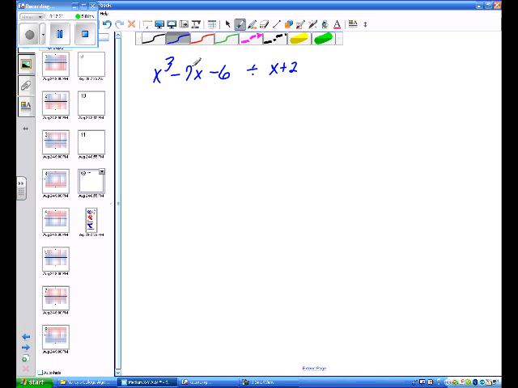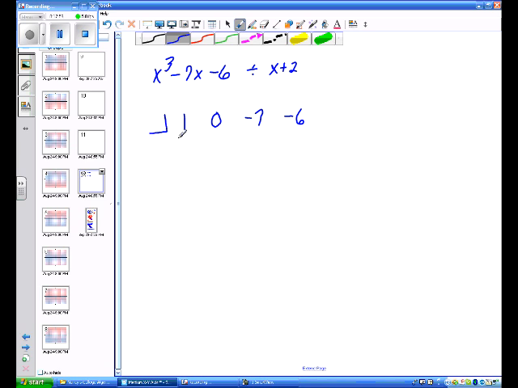Just like before, we've got to have a term for each power as we descend. So for the x cubed, our coefficient is 1. For x squared, we don't have one, so our coefficient is 0. For x, our coefficient is negative 7, and then we have a constant of negative 6.